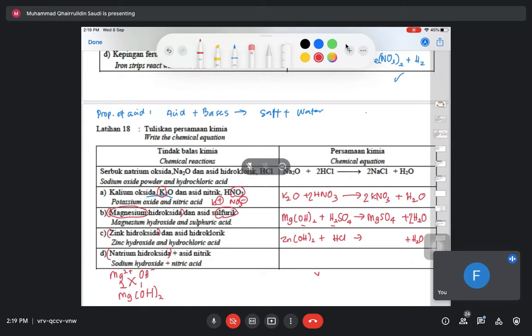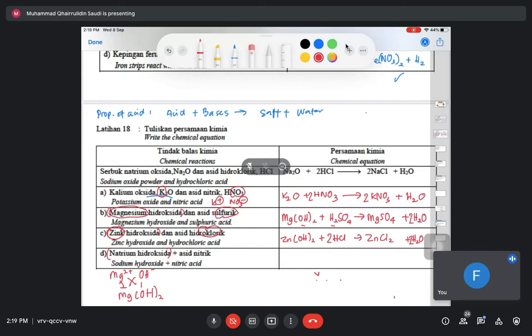Check your answer, okay? The salt will be zinc chloride. Is it balanced? Not yet. So 2 here, 2, 2. We have 4H and 2O, so another 2 here. Now it's balanced.